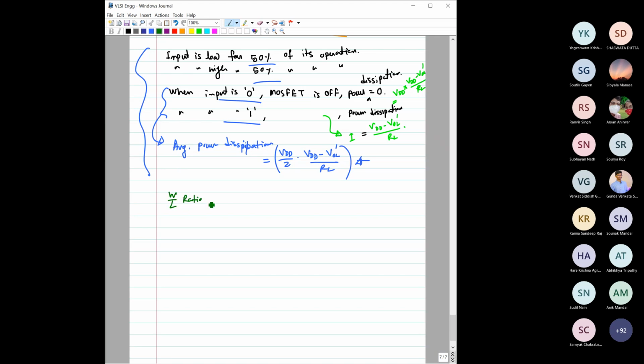One is the W by L ratio. Another is the value of RL in kilo ohm. And the other is the DC power consumption in microwatt. So option number 1: W by L ratio 1, RL is 205 kilo ohm. For the DC power dissipation, you have the expression.